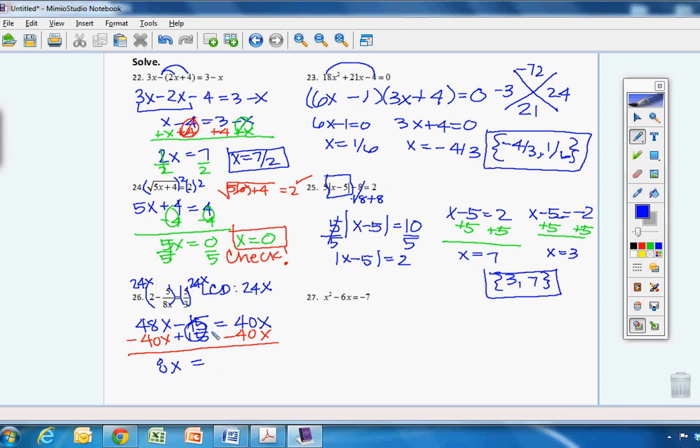Oh my gosh, I apologize, I'm going too fast here. All right, so I'm adding 15, so I have to make sure I add it over here. This goes away, is what I meant. So 8x equals 15. All right, now I just need to divide, so divide by 8. So x equals 15 over 8.